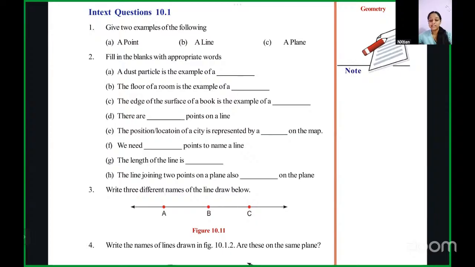Can you give me 2 examples of a point, a line, and a plane? Ma'am, A point, B point. Okay. 2 examples of a line. Ma'am, line AB, line CD. No, something that is actually a line.